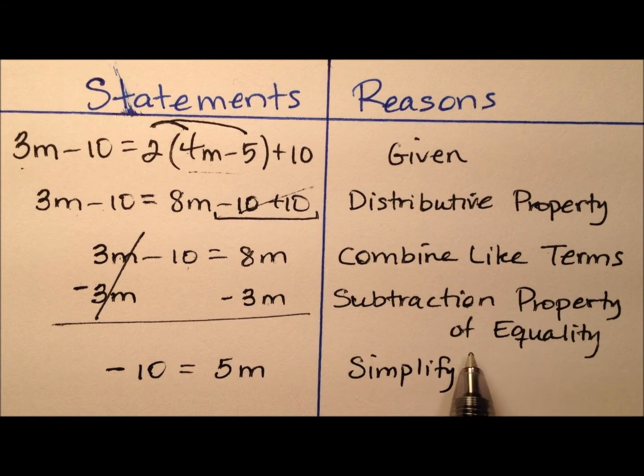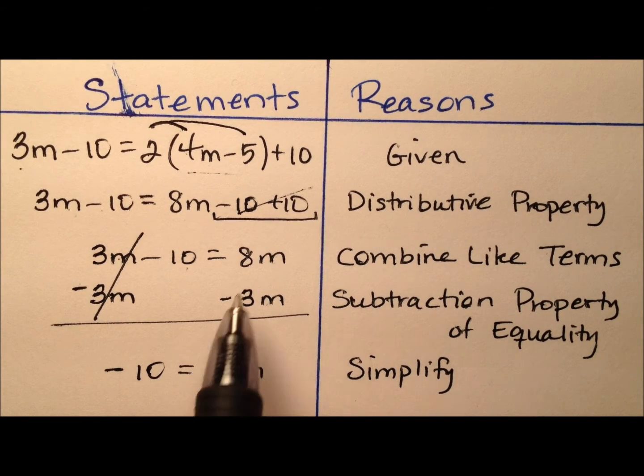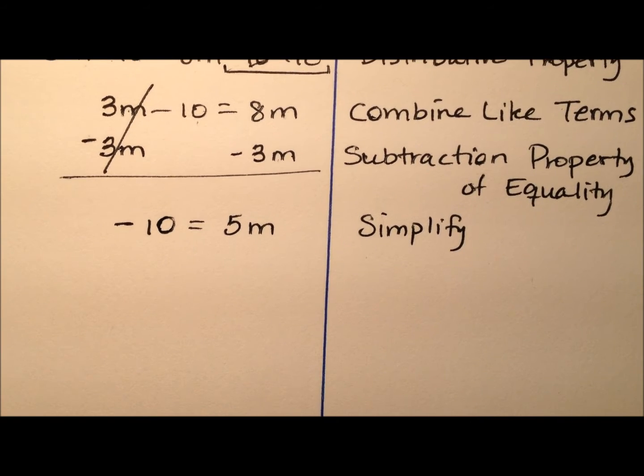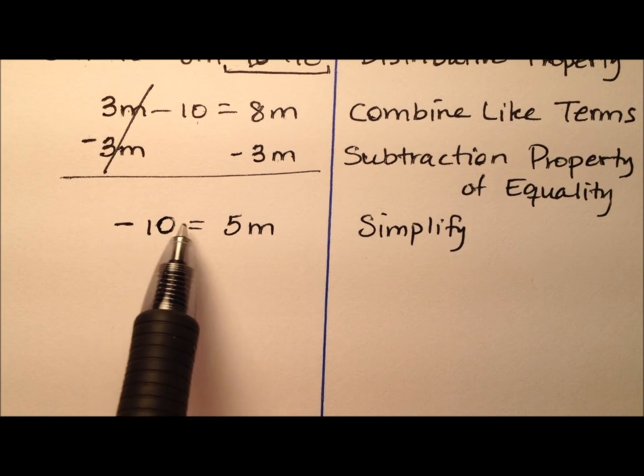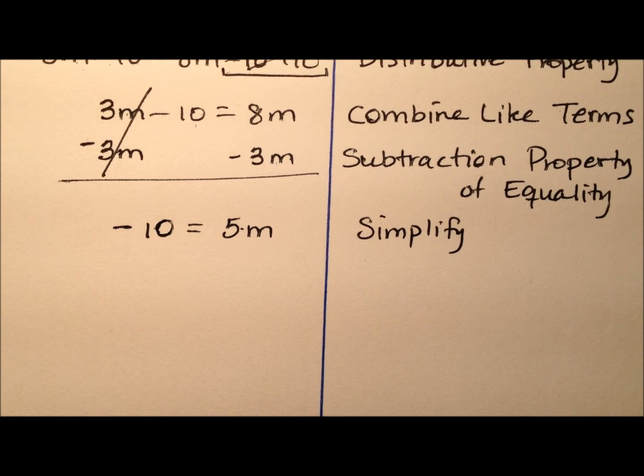So the subtraction property of equality told us we wanted to subtract 3m from both sides. And actually going ahead and doing that subtraction and seeing what we have for the next step, that'll be simplify. Okay, so I'll move up a little bit. So it looks like we have negative 10 equals 5m. So this 5 is being multiplied by the m.